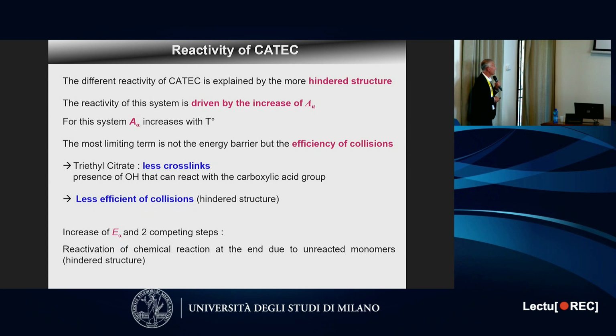And we also have less efficient collisions because the structure is more rigid with Catech as compared with the other. And the increase of activation energy is in agreement with two competing steps, where we have reactivation of the chemical reaction at the end because we have unreacted monomers with this structure, because the molecule is more rigid.